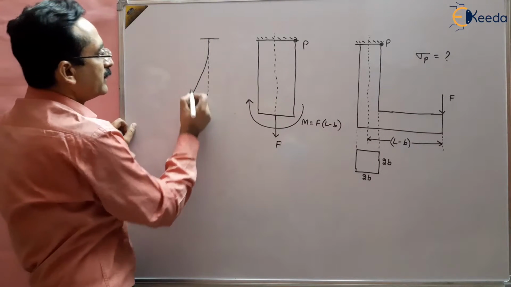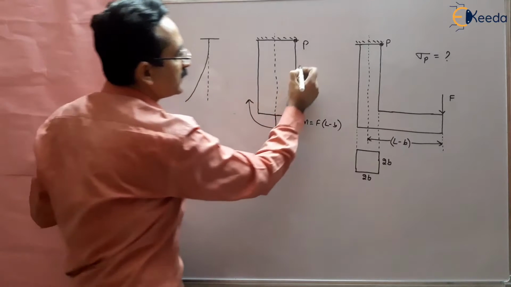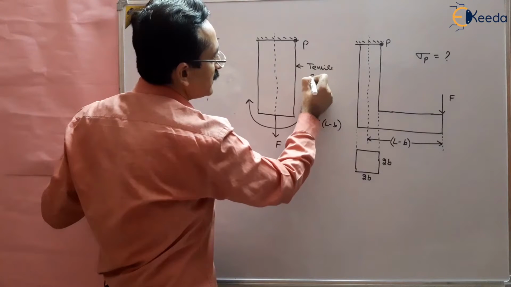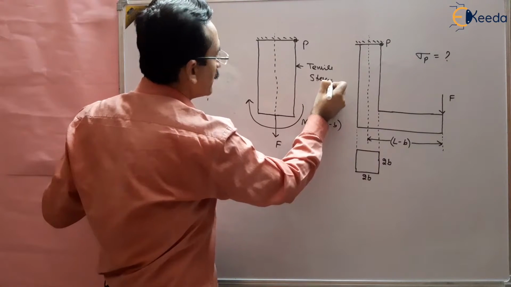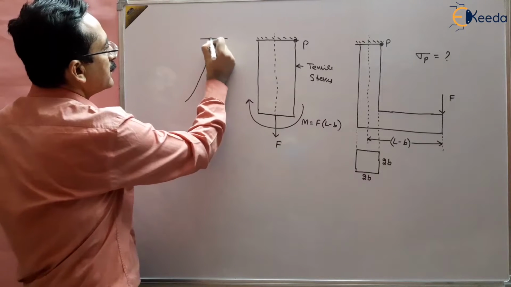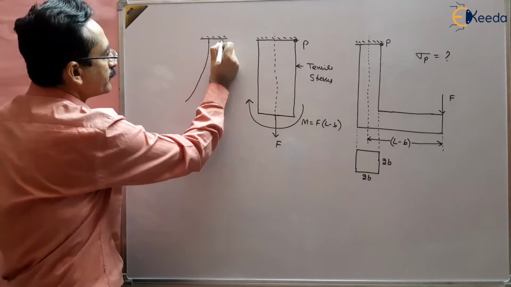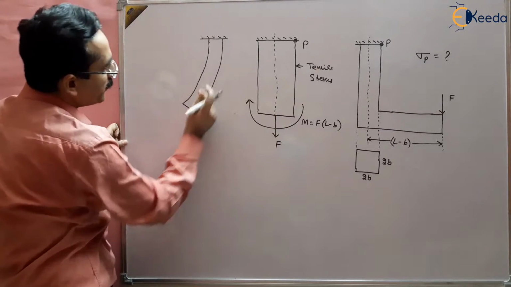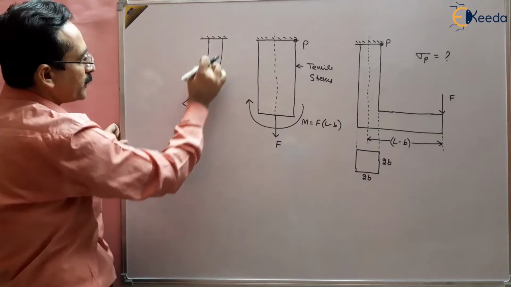It means that at this fiber, tensile stresses will be developed. You can see in this picture the elongation like this. So the upper part is elongated and the lower part is compressed.